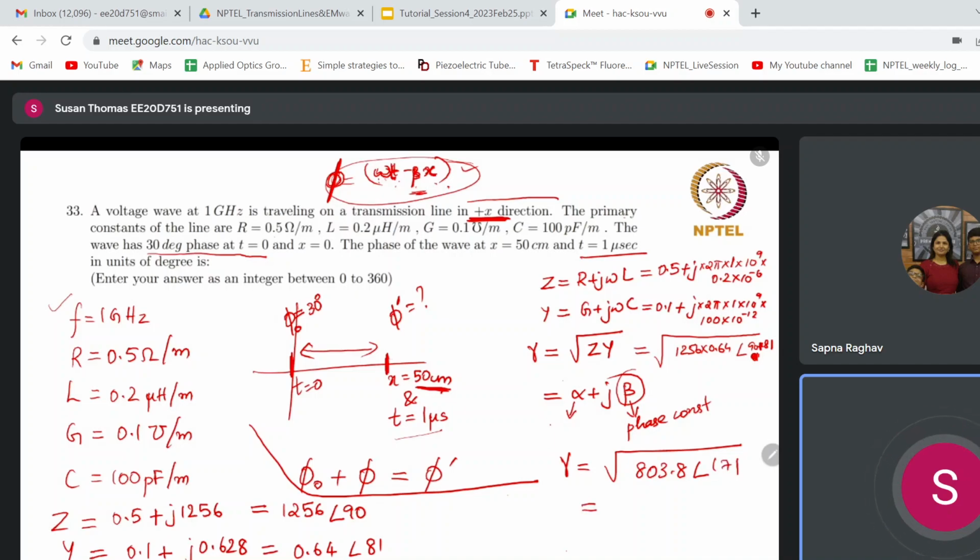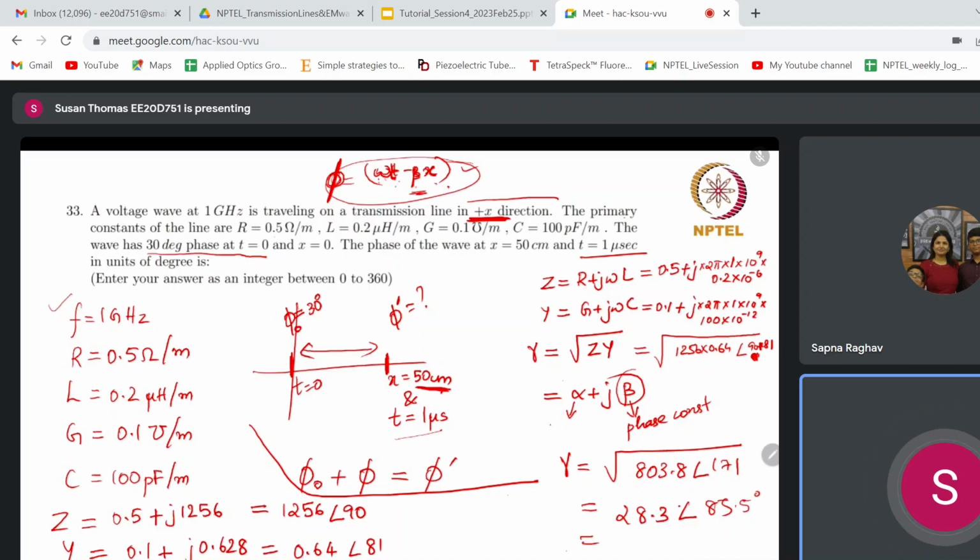Now, taking the square root, what do we do? Take the square root of the magnitude, 28.35. Take the magnitude square root and divide the angle by 2. 171 by 2, so that will be approximately 85.5.